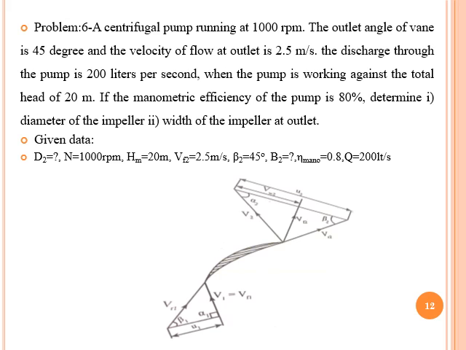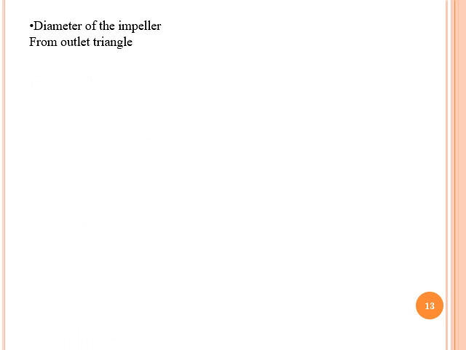So this is the corresponding velocity diagram for the centrifugal pump at inlet as well as exit. So now, the diameter of the impeller.